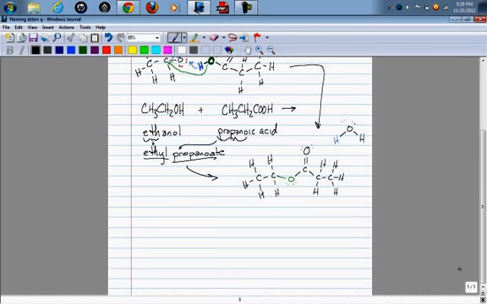You may not see the full structural formula of the ester and need a quicker way to write that using the condensed formula. So in this case, the condensed formula would look like CH3, CH2, and then starting with the acid, we have OOC, and then CH2CH3.